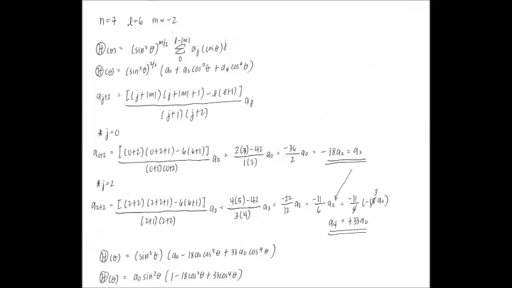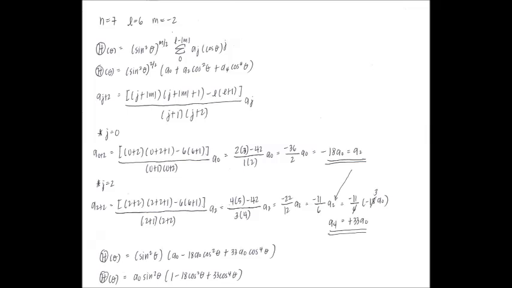First, we calculate the value of theta. Theta equals (sine squared theta) raised to m over 2, times the summation of aj times (cosine theta) raised to j, with limit from 0 to L minus absolute value of m.